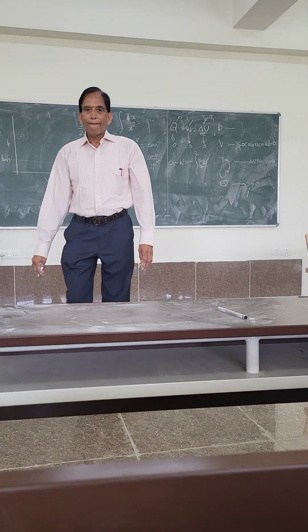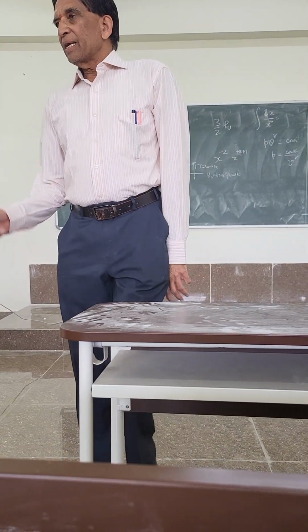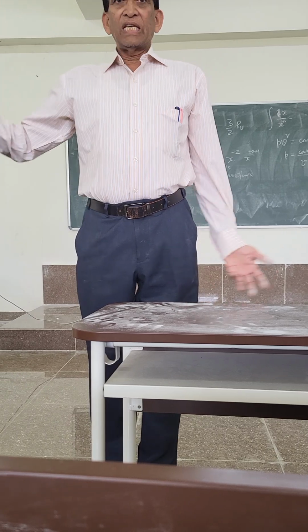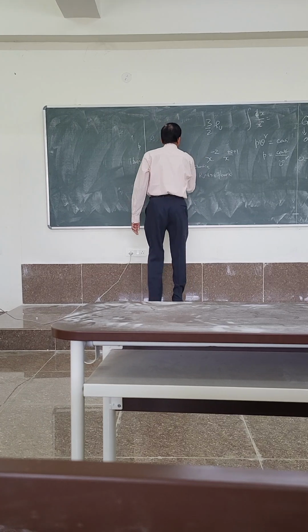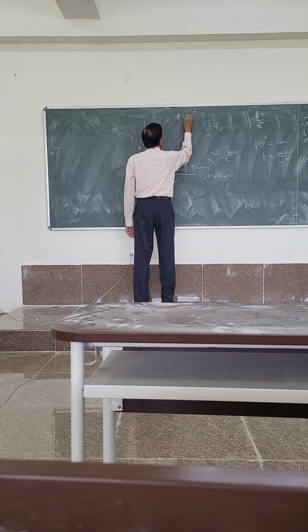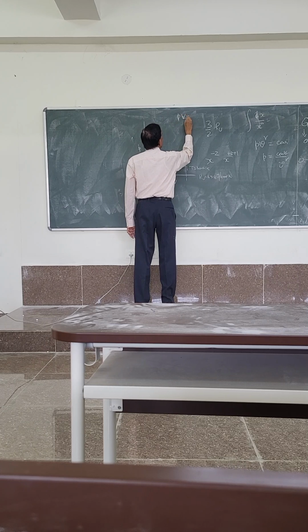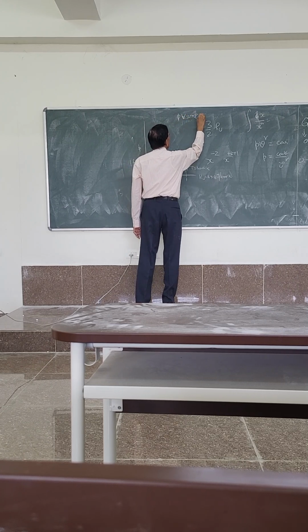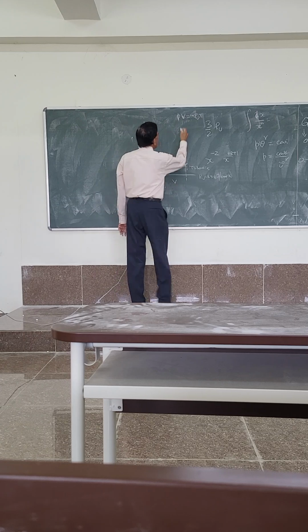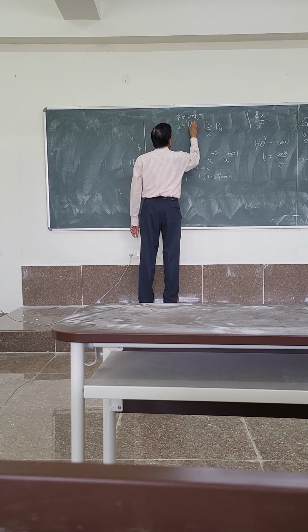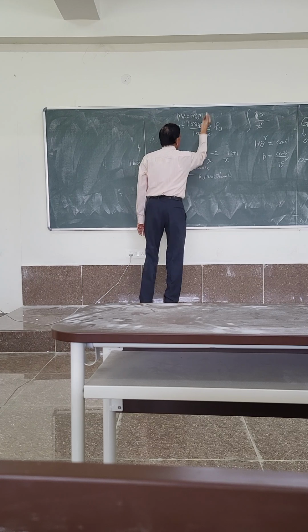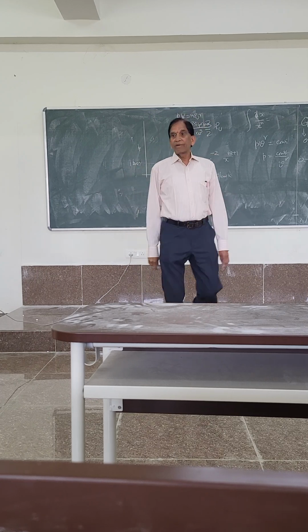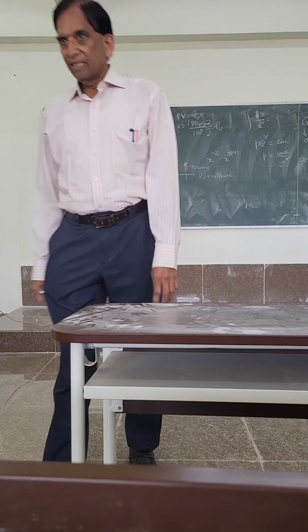How is V1? V1 will be nRT by P, where n, the number of moles, is 1. PV is equal to nRT, the equation of state. So V is equal to n times RU times T divided by P. N is 1, RU is 8.314, temperature is 300, divided by 1 times 10 to the power 5, because 1 bar is 10 to the power 5 pascals.